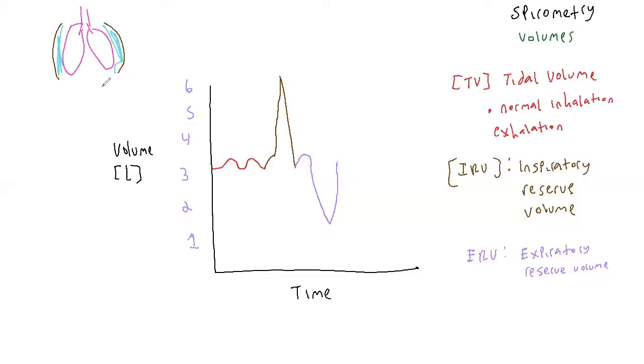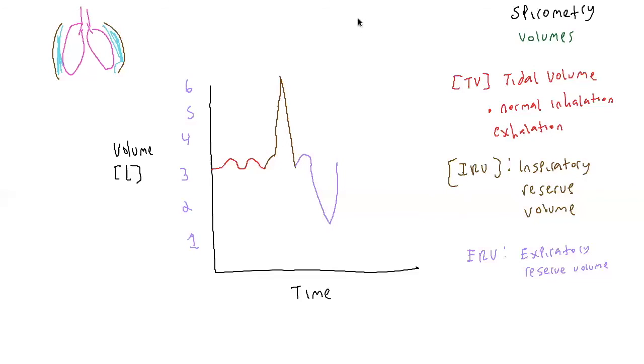Recall that Boyle's law is that if you increase the volume, then you are going to decrease the pressure, because the lungs are always attached to the thoracic wall. They're always going to be partially inflated, which allows air to come in from the atmosphere and into the lungs to equalize. So the lungs are always partially inflated because they're attached to the thoracic wall.